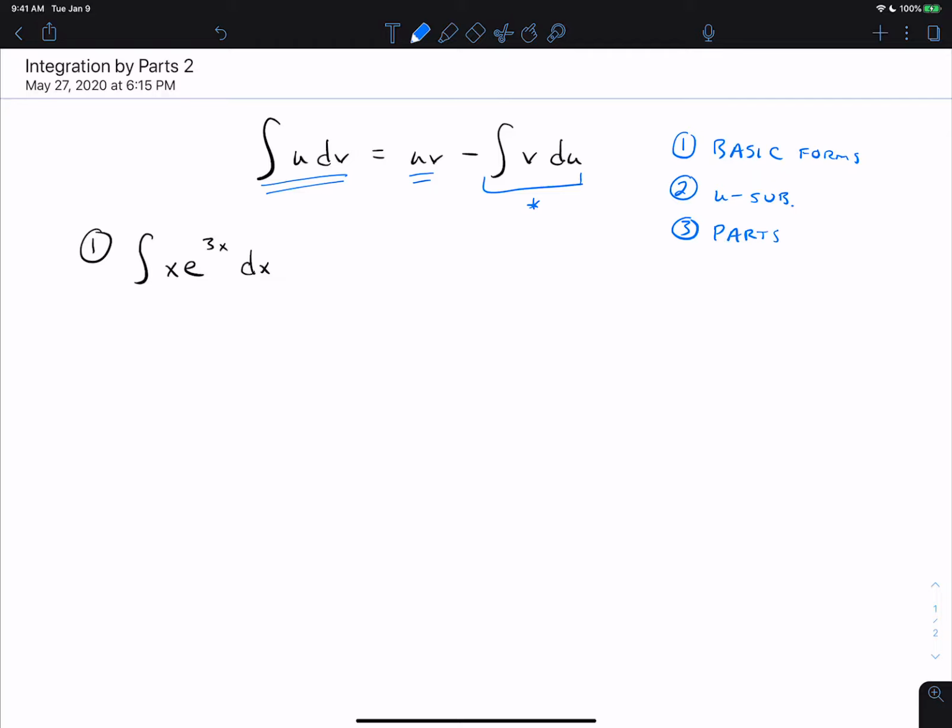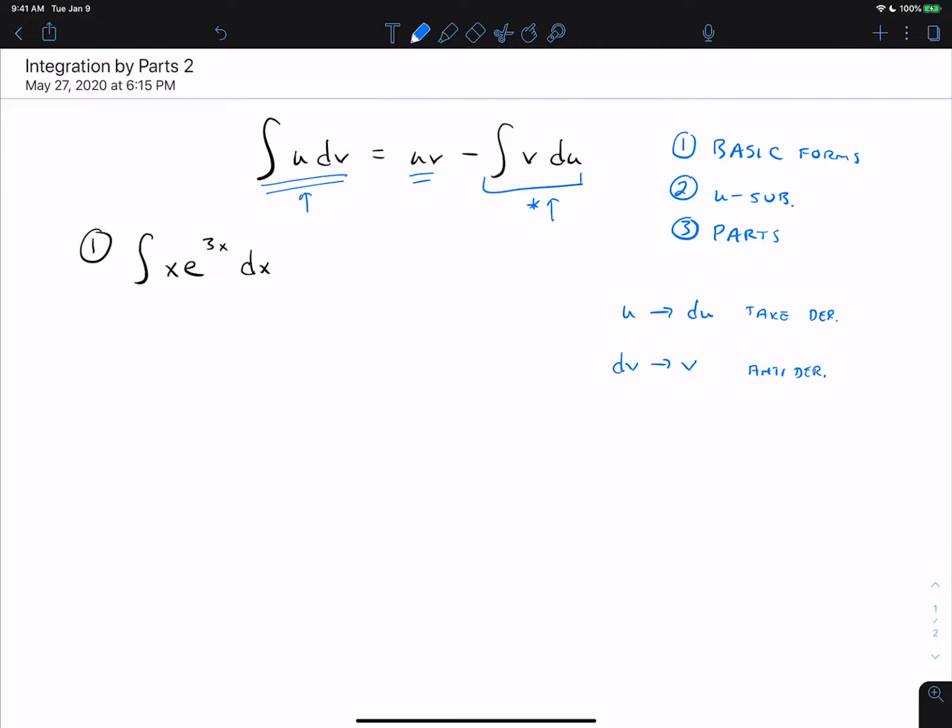So what you want to think when you're looking at a problem like x e to the 3x is, no matter what I do, if I go from u to du, which is what's going to happen when I go from the left-hand side of this equation to the right-hand side, I'm taking the derivative. And when you go from the left-hand side to the right-hand side, you go from dv to v, which means you're taking the antiderivative.